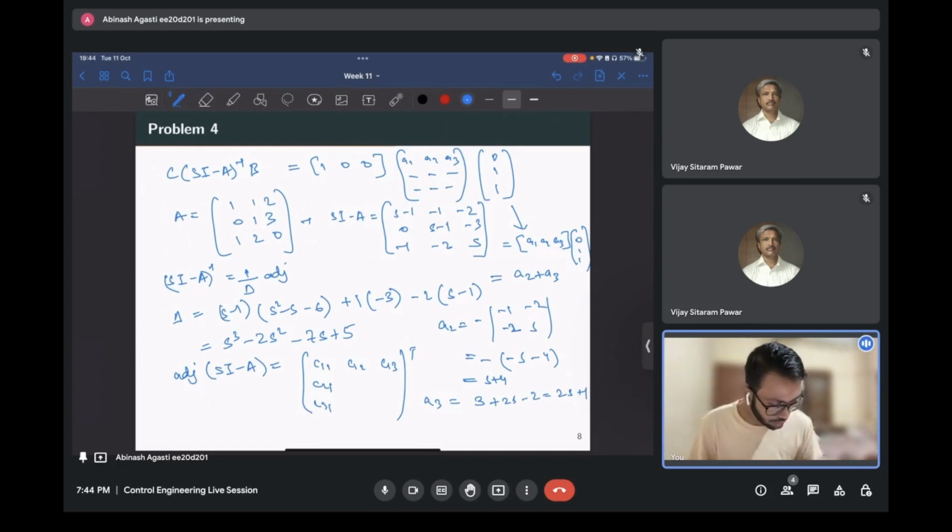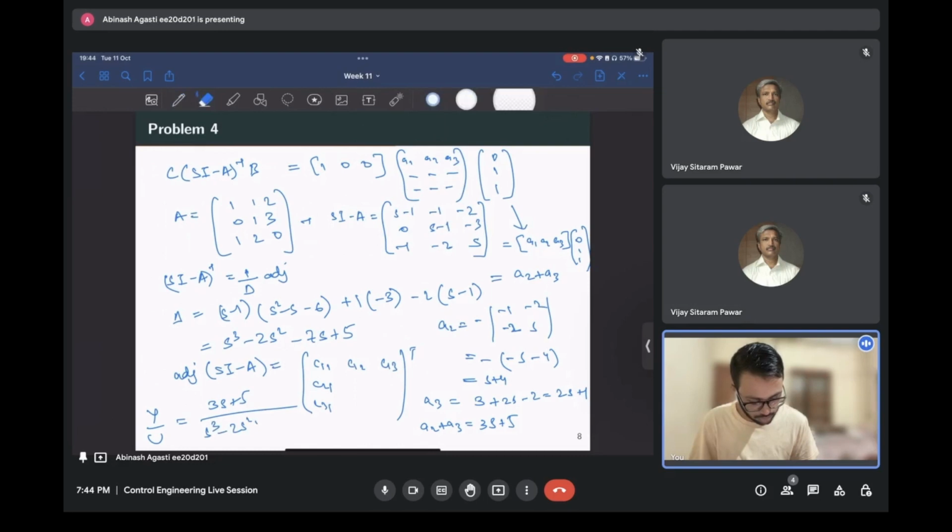Then A2 plus A3 is 3s plus 5, over the determinant. So the transfer function Y by U is (3s plus 5) by (s cube minus 2s square minus 7s plus 5). So is it clear?